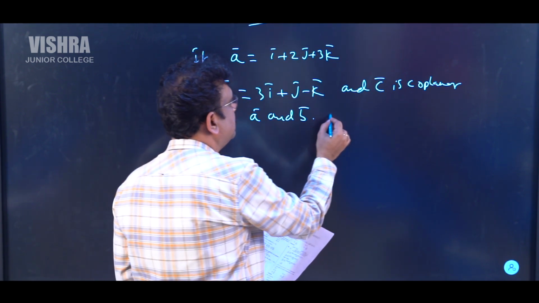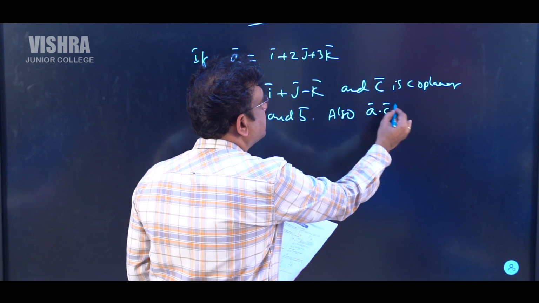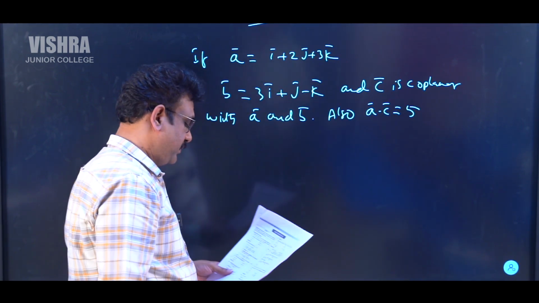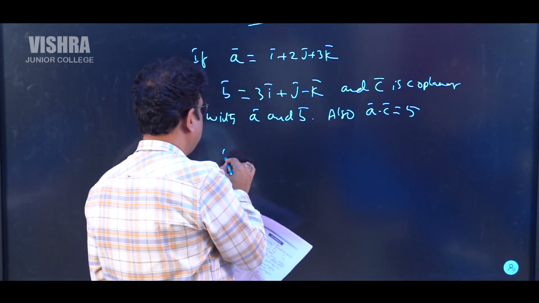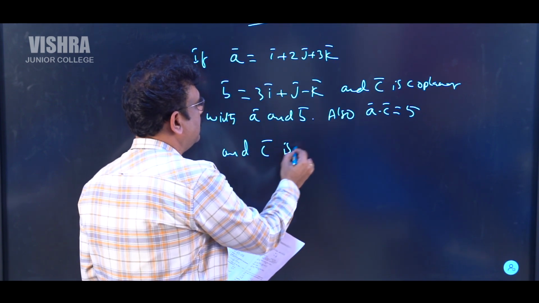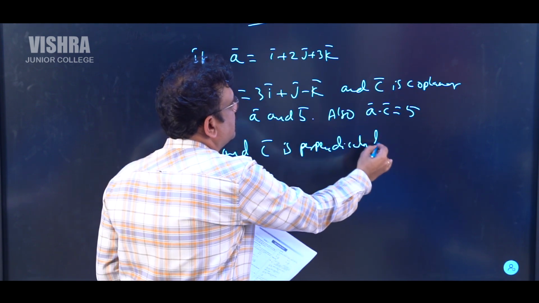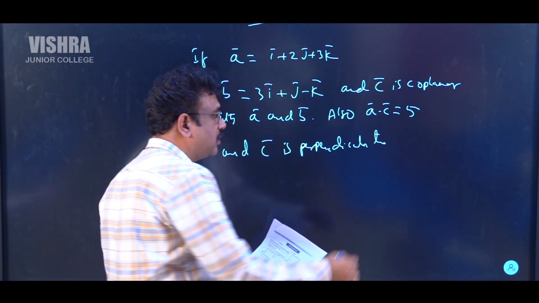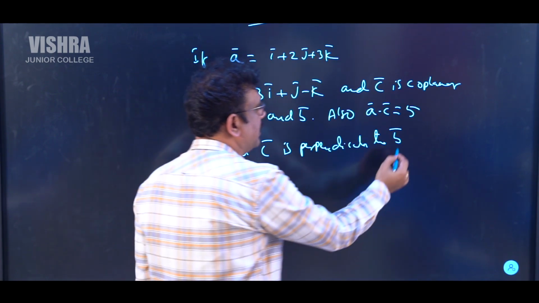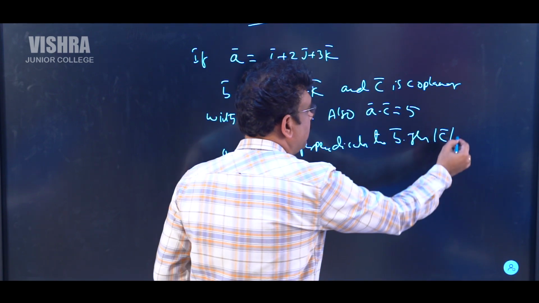Also, A bar dot C bar is equal to 5 and C bar is perpendicular to B bar, then find the modulus of C bar.